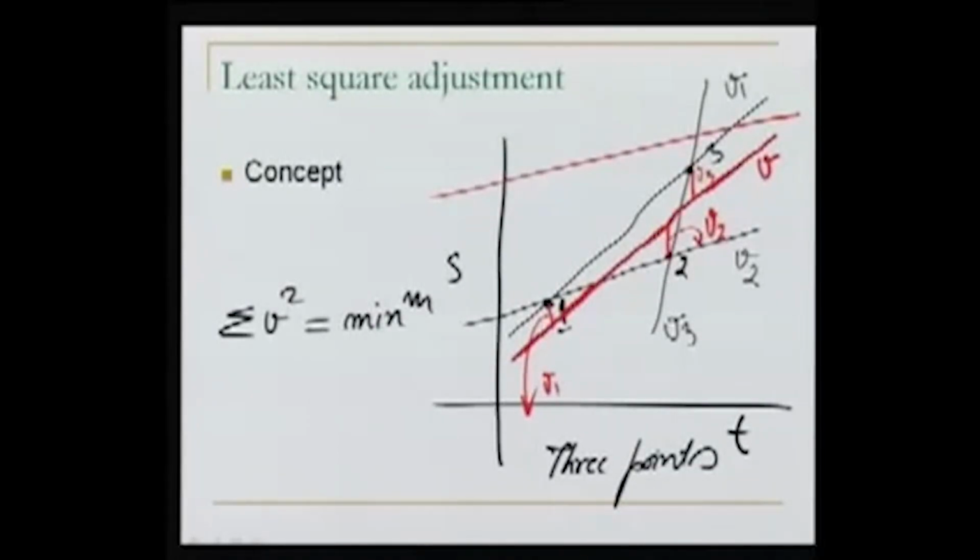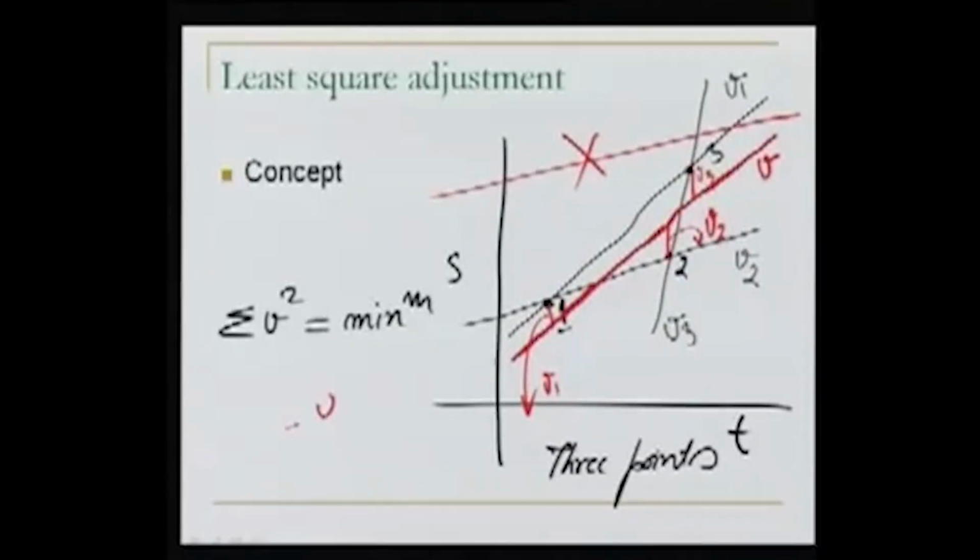I can have a line over here, for example this, but this is not the best solution. So what we are looking for, our fitted solution, the value of the V which we are finding, the line which we are fitting, should be such that its deviation from our observations should be least, all the observations taken together.